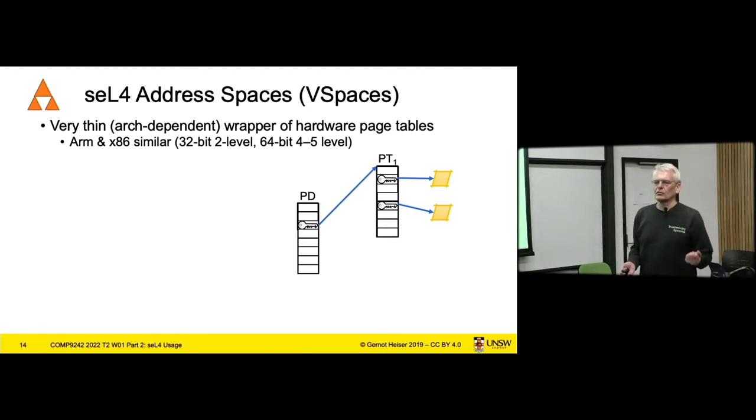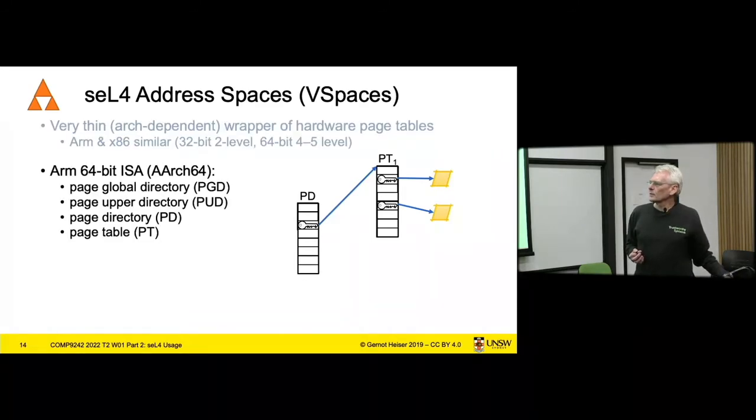In the 32-bit case, you have a page directory, and the page directory points to page tables, and the page tables contain mappings to frames. Except here, of course, everything is done by capabilities. So your seL4 page tables, they don't contain physical addresses, they contain capabilities to frames. Makes sense, right? And so how do you build these up?